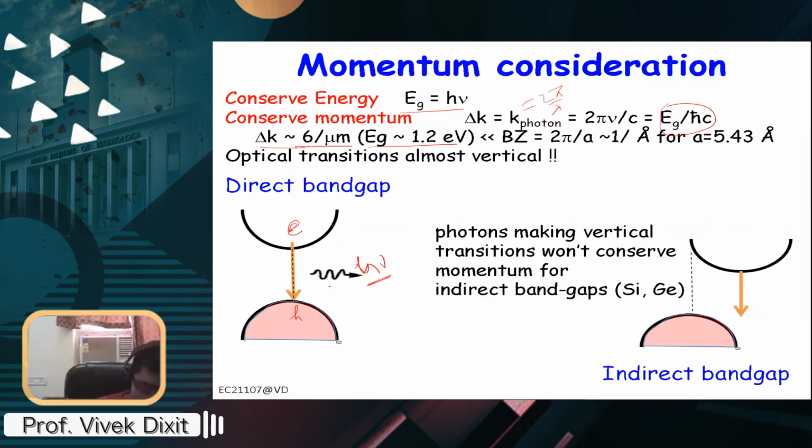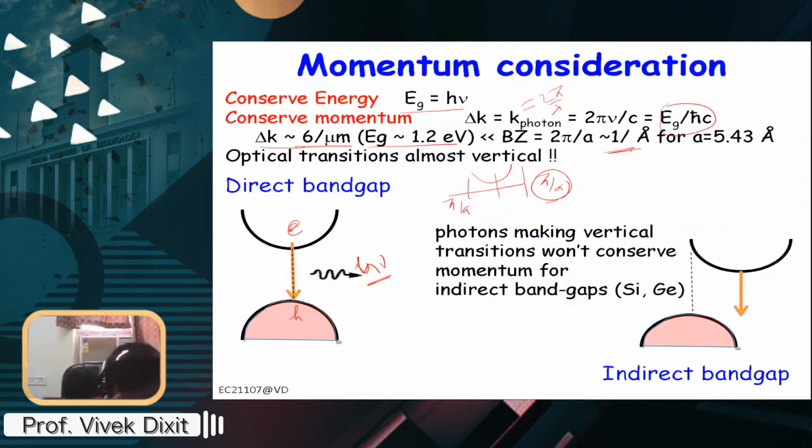Now compare this with the momentum of electrons in the crystal. For electrons, we have this Brillouin zone, from minus pi by a to plus pi by a. These are the wave vectors, so it is basically of order pi by a. Now a is of order angstrom.